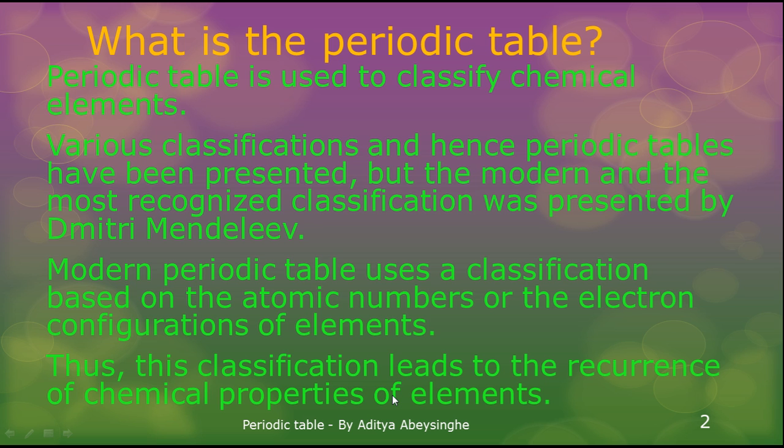Now you do various classifications in day-to-day activities. In the same way, for elements also, you need a classification. So we use the concept of the periodic table, which is a general table, to classify these elements. Various classifications have been presented over time. For example, various scientists used various types of periodic tables, such as Newlands and Lothar Meyer.